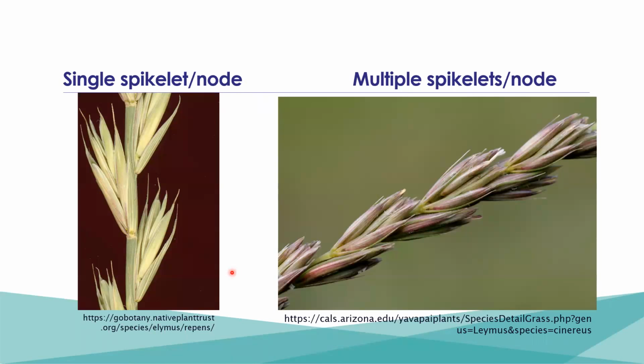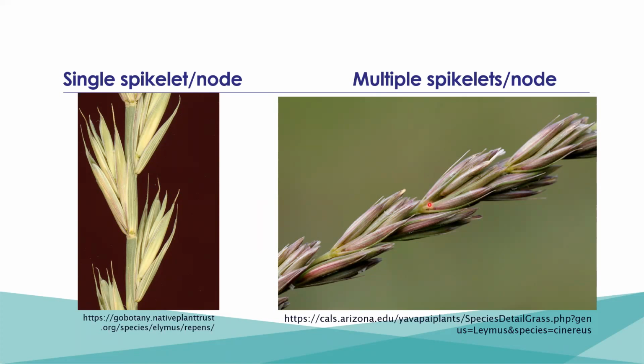One more note that we need to look for on the inflorescence is how many spikelets there are per node. On the left here, you can see there's nodes, and here we have one node, we've got glumes on the bottom, and there's one spikelet per node. When we look on the right, these long narrow structures are the glumes, and you can see that there are one set of glumes here and one set of glumes here, so we have 2 glumes per node.